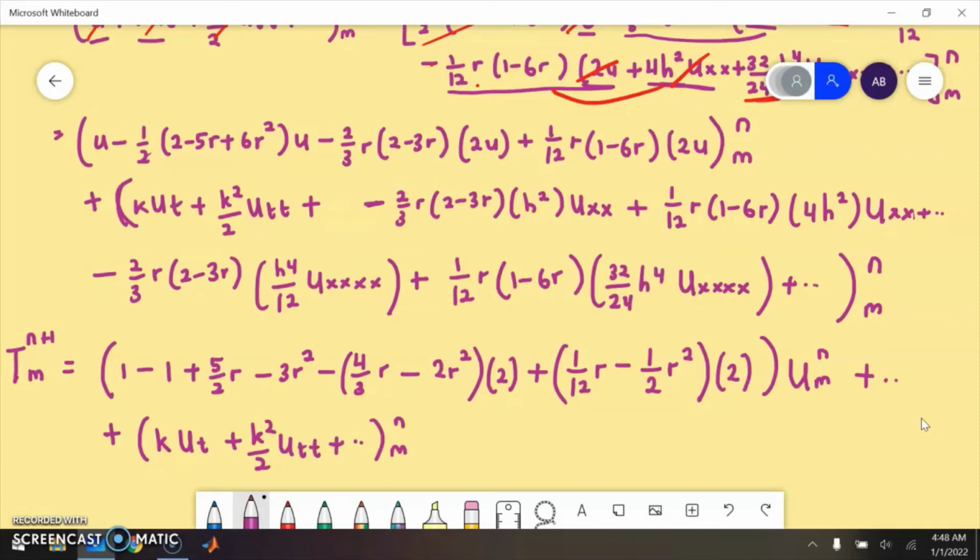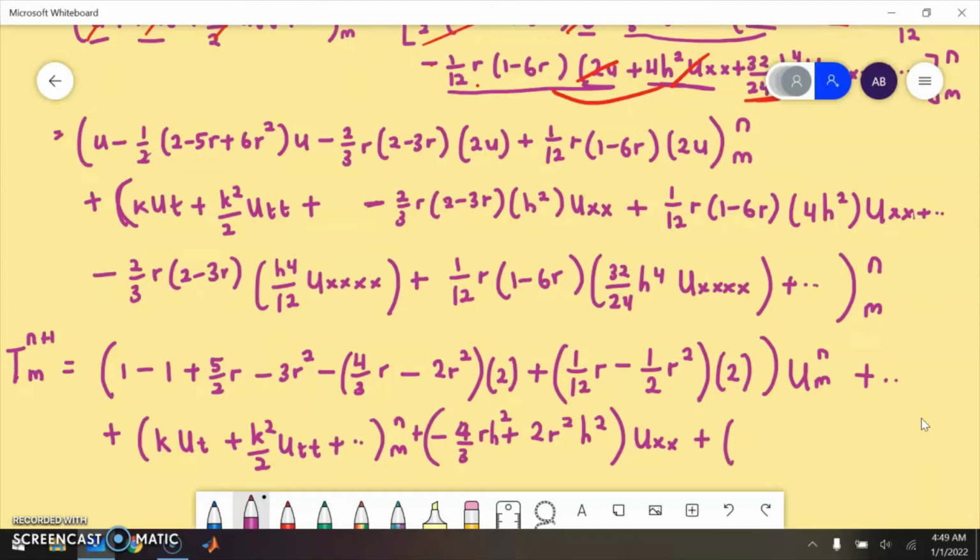Now this term here, let's expand this. So I have negative 2/3 will be 4. 2 times 2 is 4/(3r) plus 2r². Negative, negative, positive. 3 and 3 cancel out. This thing, don't forget h², h², in a bracket like this. So u_xx, and then expand this term here.